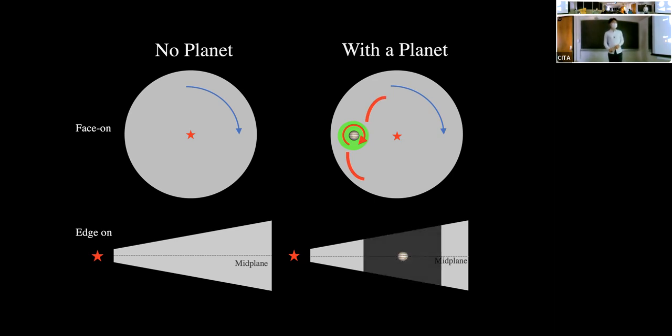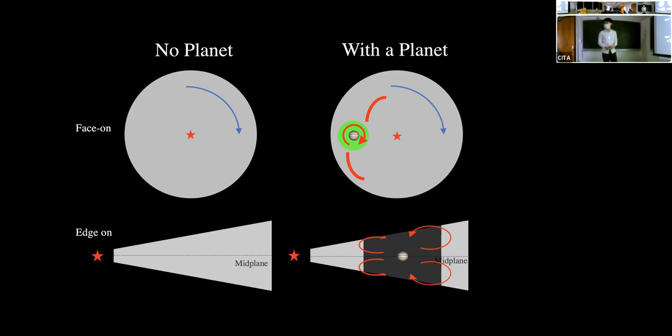And finally, if a planet can open a gap, then it is expected to drive something called a meridional circulation around the gap, especially at the gap edge in this format. We'll come back to this later in the talk. So once the planet forms, we expect to see all these motions that are not Keplerian motion.